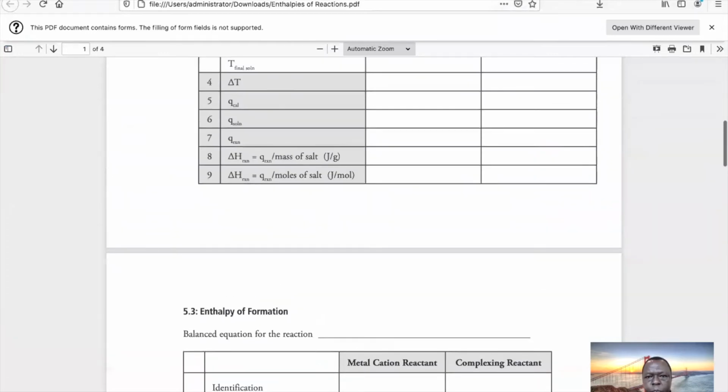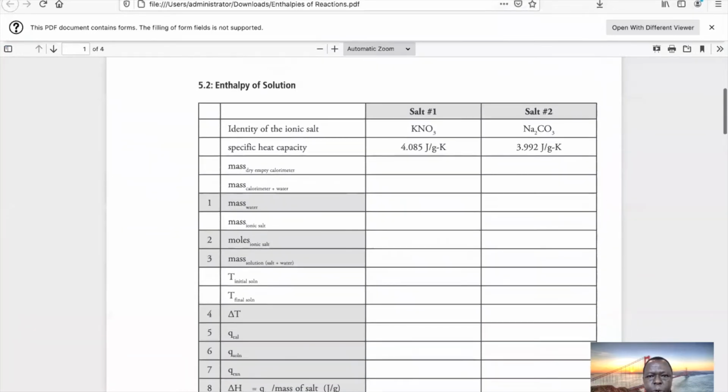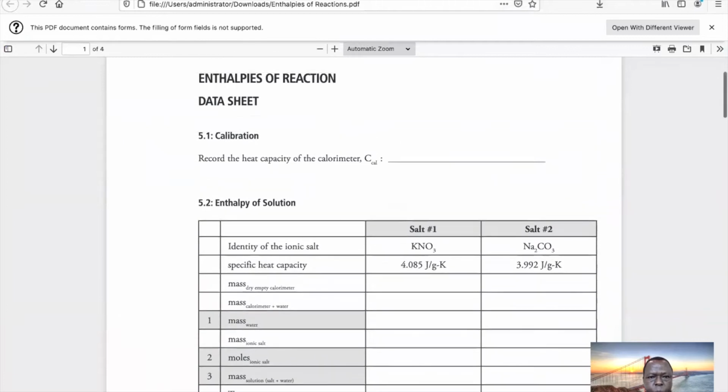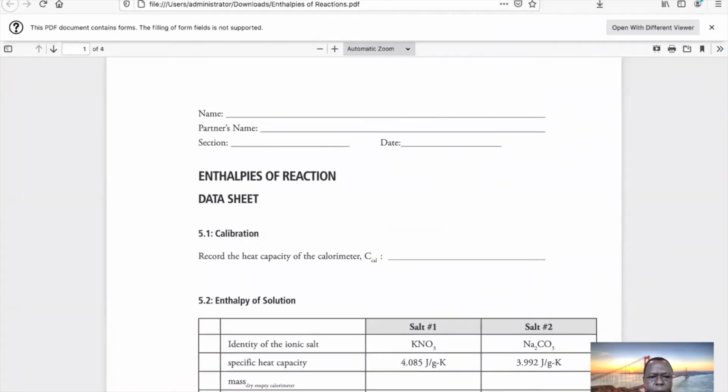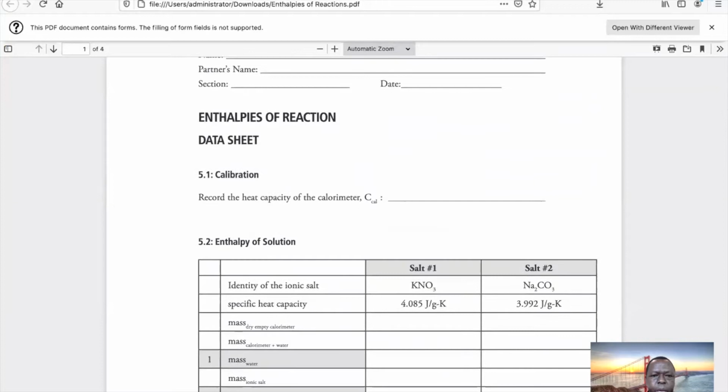Just pull the data sheet and show you where the things will be. You will use here the heat capacity for calorimeter. 37.5, I'll allow you to use that value.